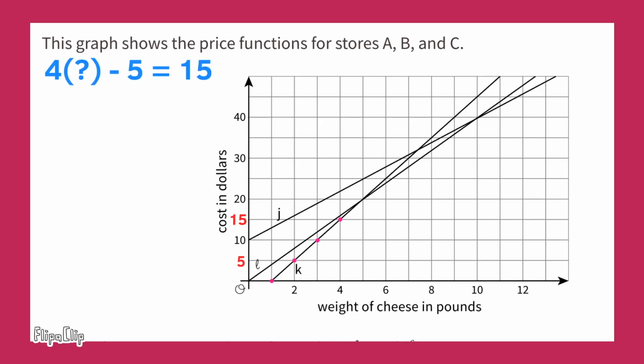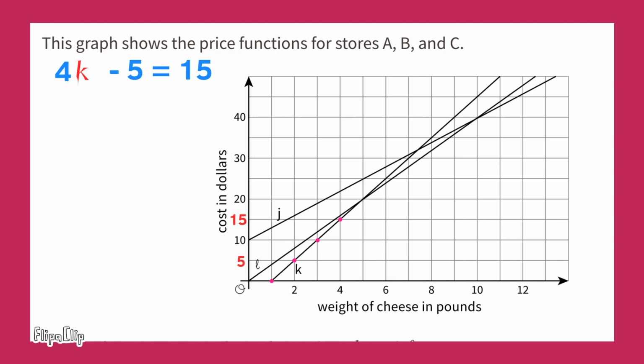4 times what number minus $5 equals $15. Since this equation or function represents line K, I replace the question mark with K. Now it reads 4K minus 5 equals 15. This is a two-step equation, and in order to get the K by itself, first I need to add 5 to both sides.